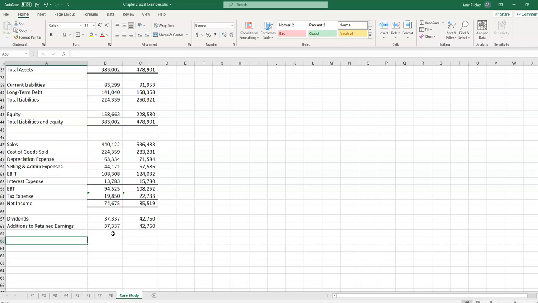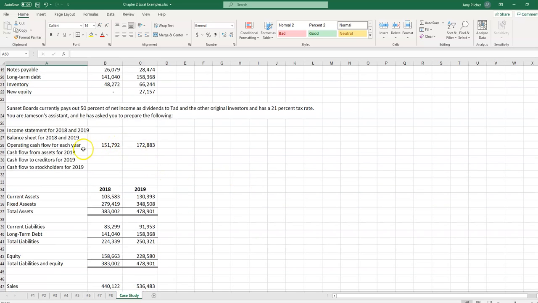Now to take the operating cash flow and get our cash flow from assets. In addition to the operating cash flow, the cash flow identity from Chapter 2, we also need net capital spending and change in net working capital. Now we're only calculating these for 2019.